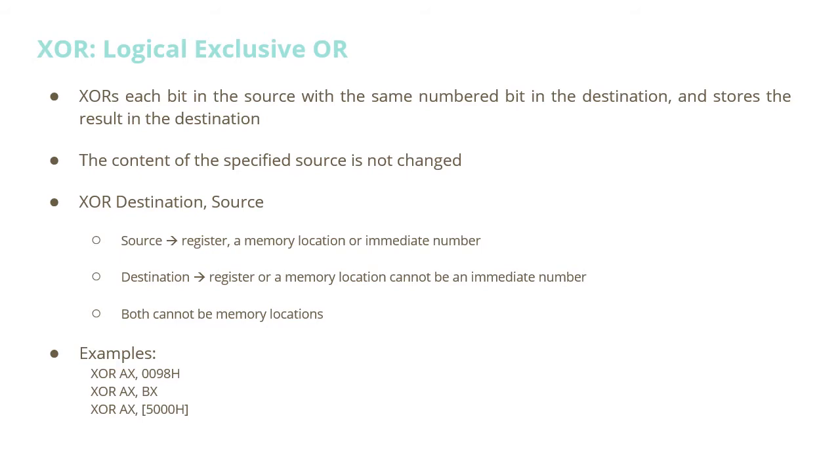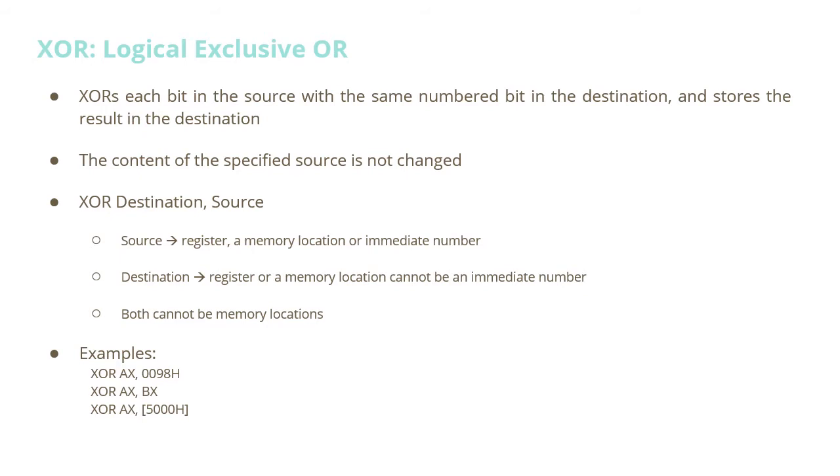The examples of this instruction are as given here. The first example is XOR AX, 0098H, where the second operand, or the source, is the immediate number 0098H, and the destination operand is the register AX.